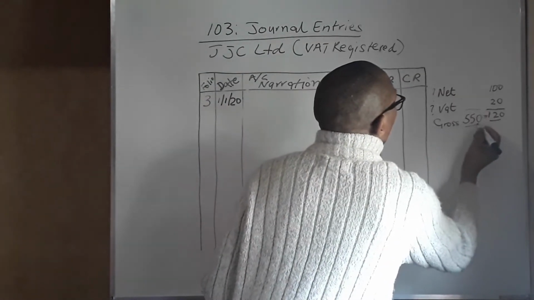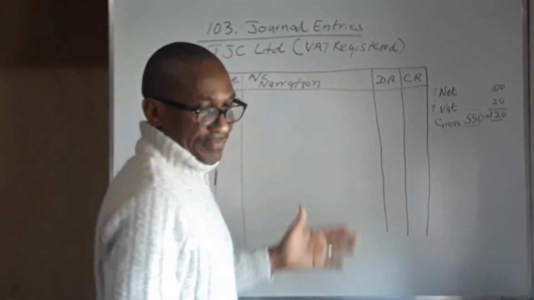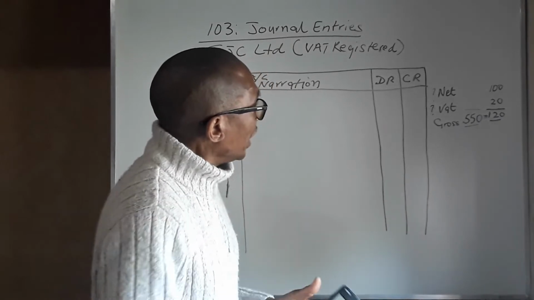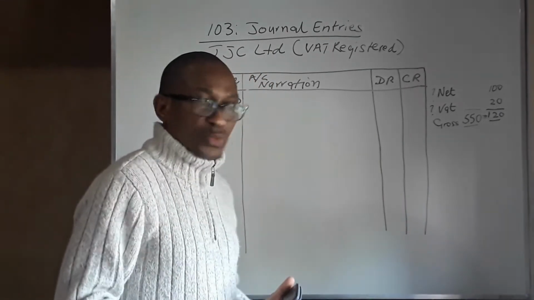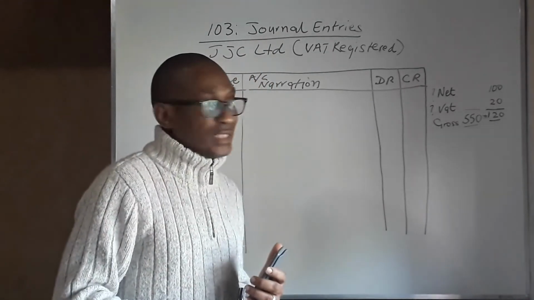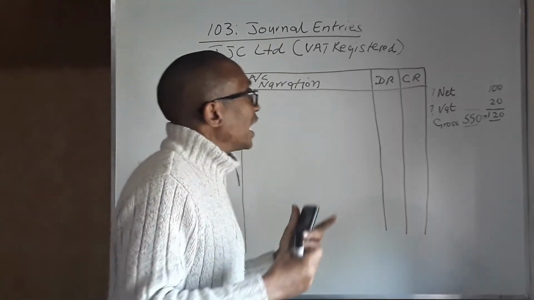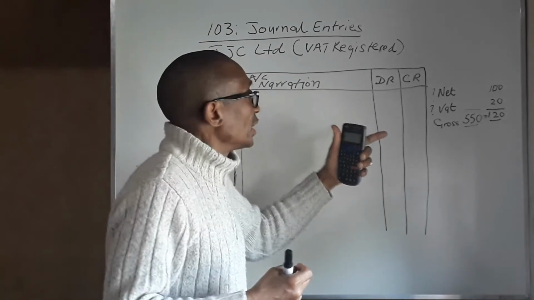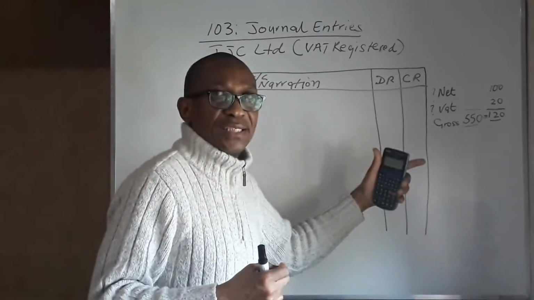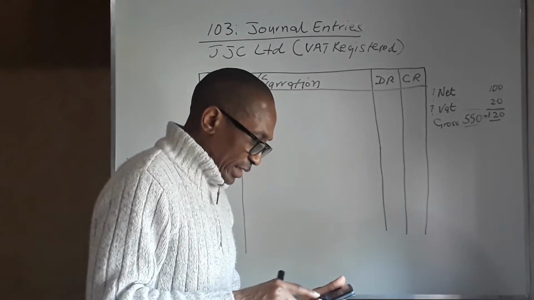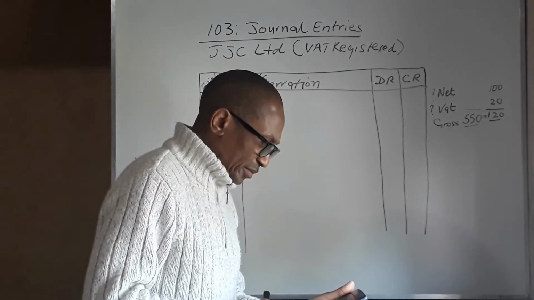From here, we can deduce the net and the VAT. The simple mathematical operation is to divide the gross, which is 550, by 120 to get the cost per 1%, and then multiply that by 100 to get the net, or by 20 to get the VAT.